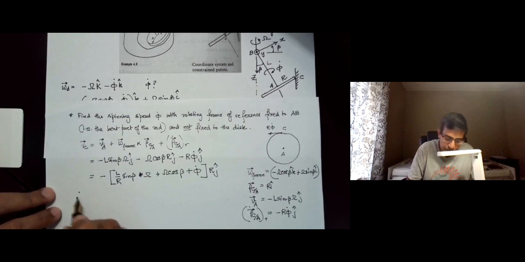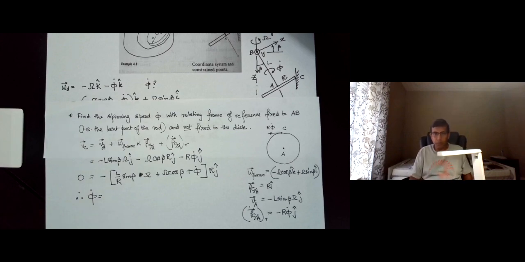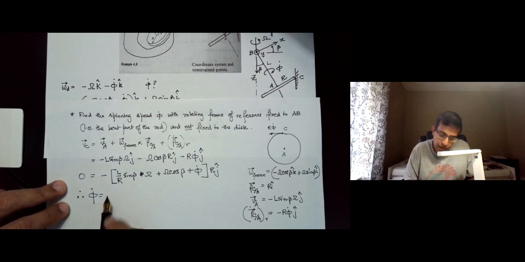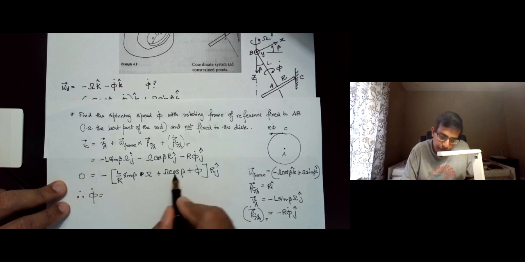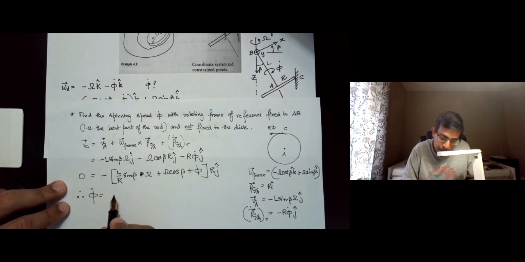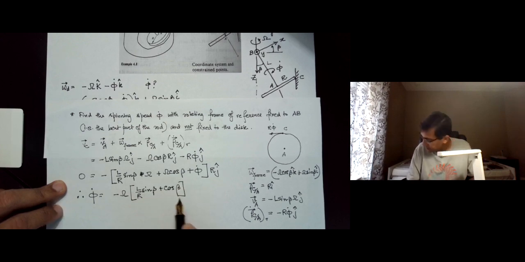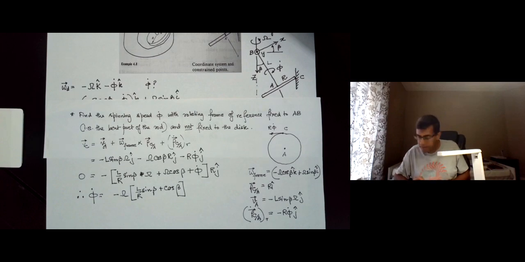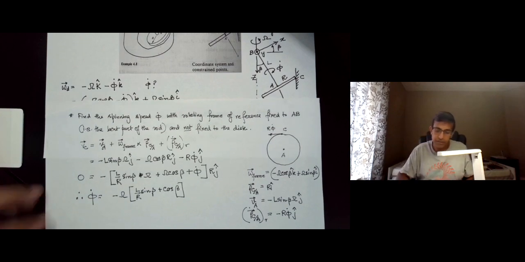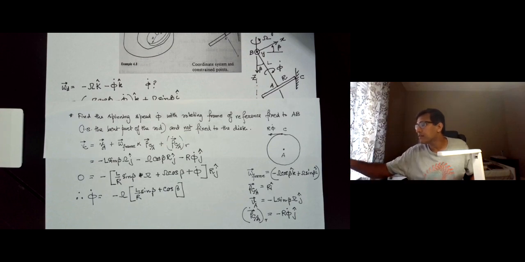And this is equal to 0 because the point C has 0 velocity. It has a rolling constraint, rolling without slipping. So phi dot is negative omega times L over R sine beta plus cosine beta, which is the same expression that we had in the first part of the problem.